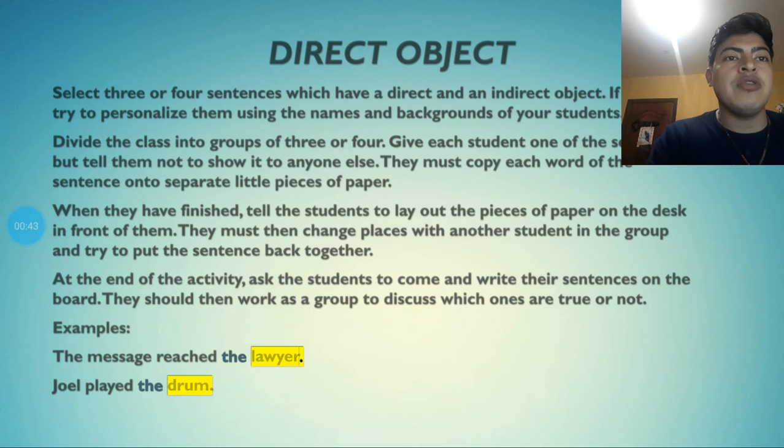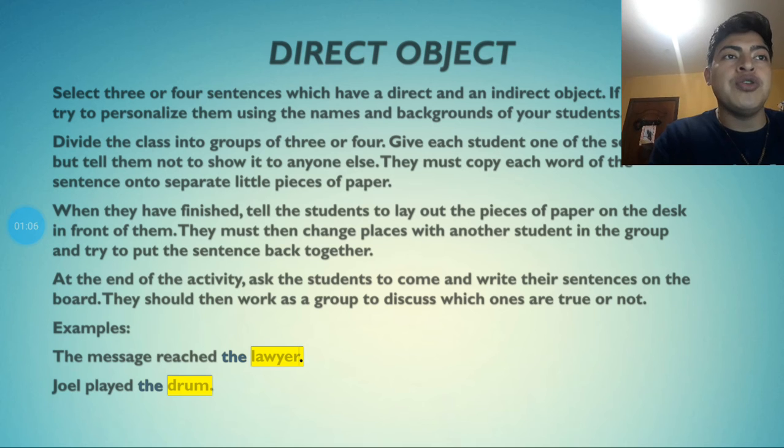So for the first tip that I am going to say, select 3 or 4 sentences which have a direct and indirect object. If possible, try to personalize them using the name and background of your students. Divide the class into groups.